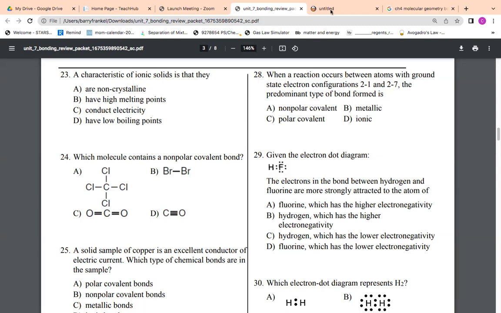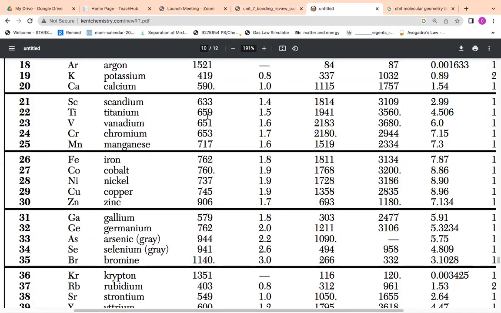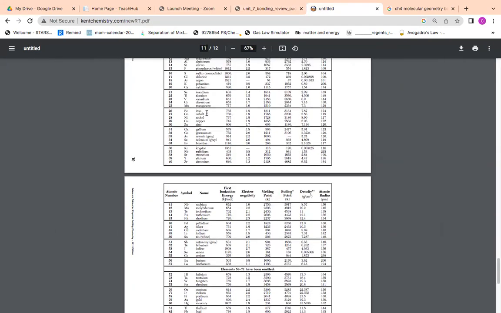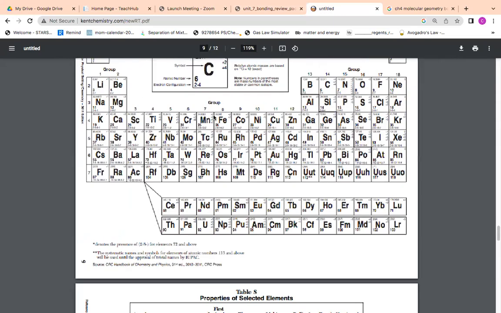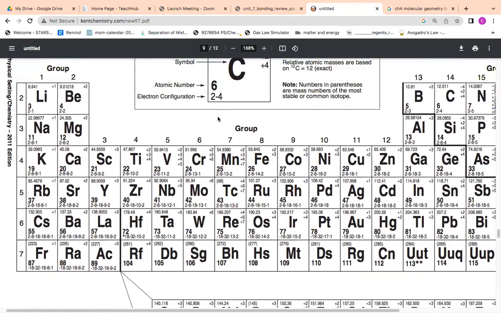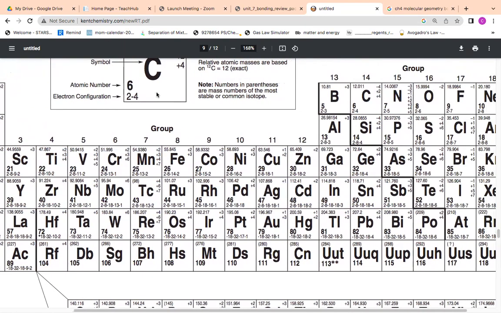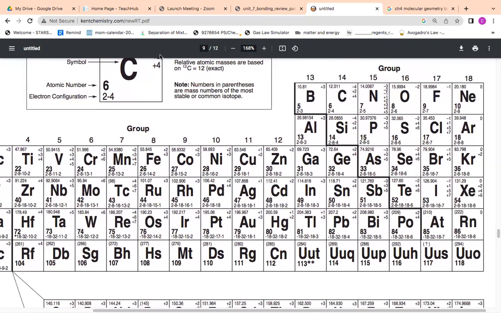Going to our periodic table, 2,1 is lithium, and 2,7 is fluorine.